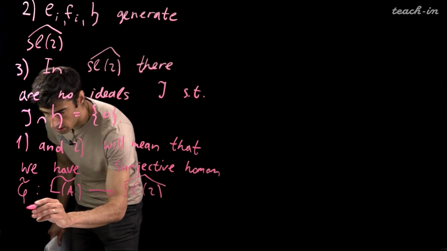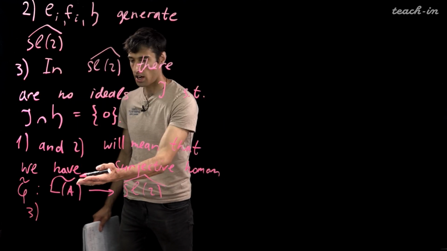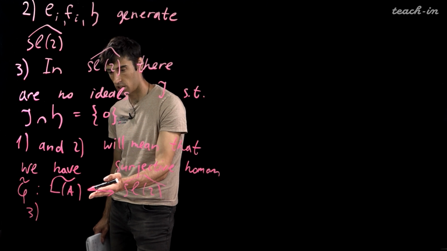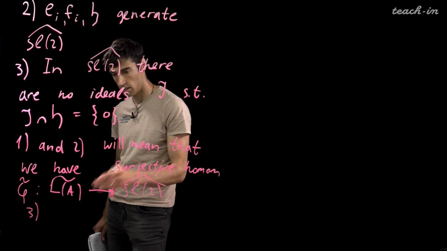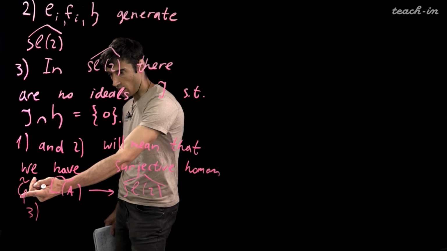But then condition 3 says that the maximal ideal, which intersects trivially with H in L tilde, that we quotient by, goes to 0 under phi tilde.